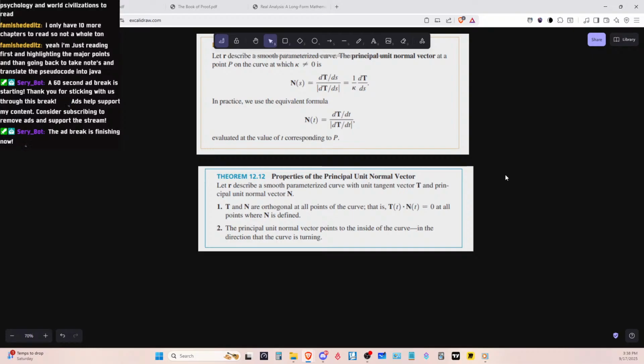That is, T of t dot product N of t is equal to 0 at all points where N is defined. Okay. The principal unit normal vector points to the inside of the curve and in the direction that the curve is turning. Okay.